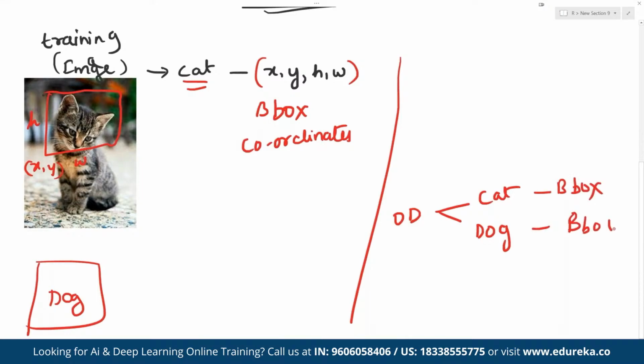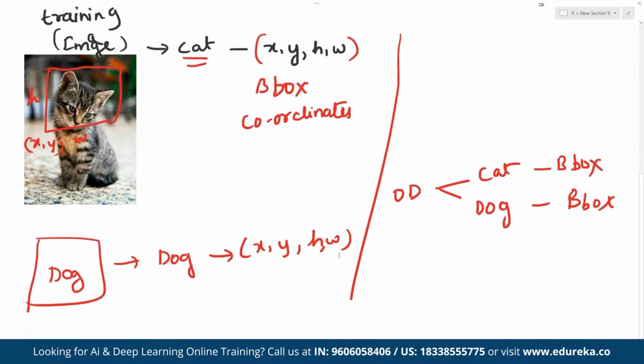Then I'll have a set of data which contains images of cats and images of dogs, and every individual image will have the label which says what is present in it, and also where exactly it is present.